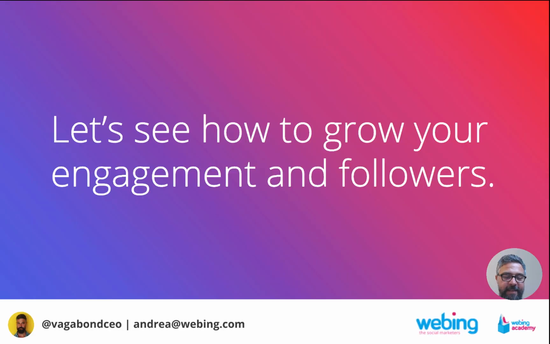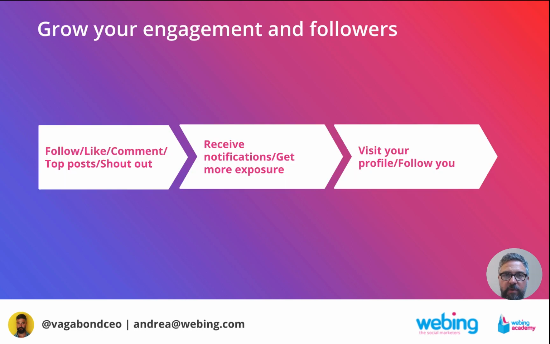So let's see now how to grow your engagement and followers and how to create lists which will help you to do this. So a few words about growing engagement and growing your followers. If you want to grow your profile and you want to reach out to new potential customers, what you want to do is to work on two different levels.